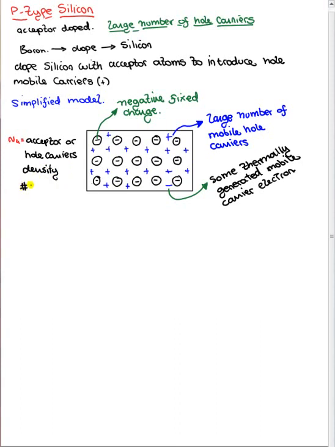So that's basically the number of holes per cubic centimeter.